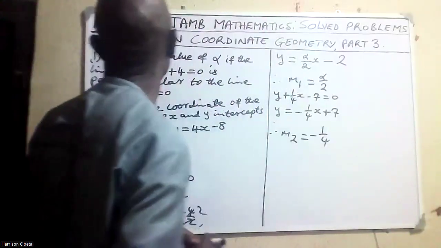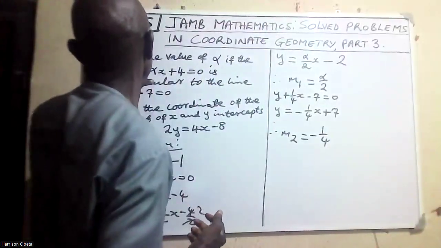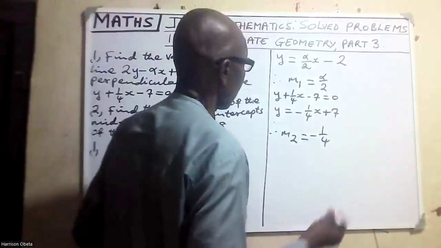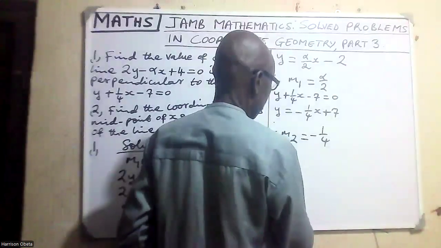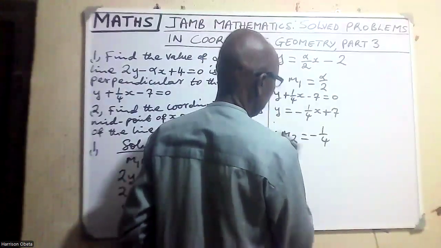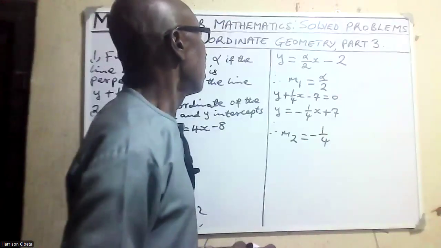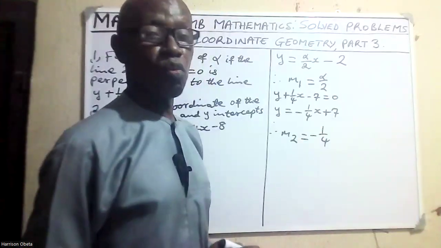But we are told to find the value of alpha if the lines are perpendicular. That means, as I said earlier, for the two to be perpendicular, m1 m2 must be equal to minus 1.